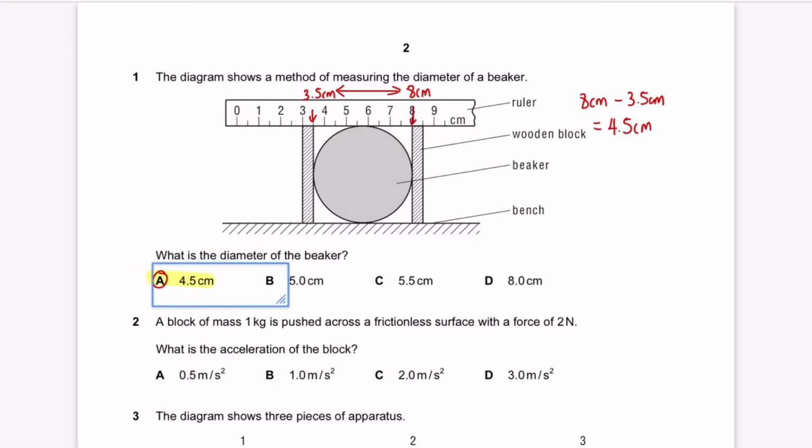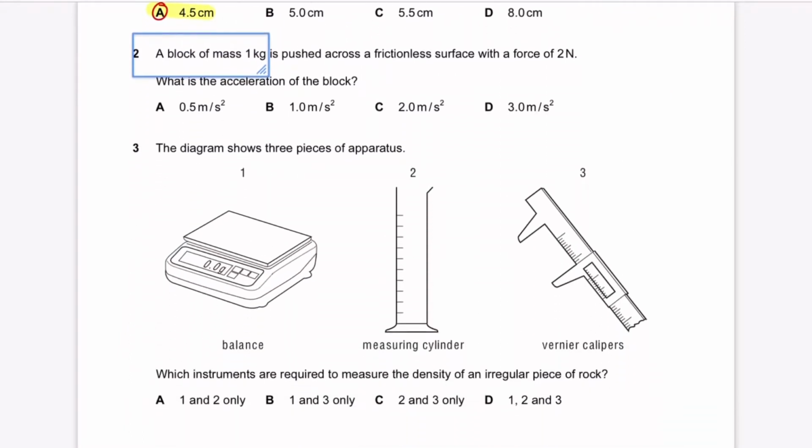Alright, next, moving on to question 2. A block of mass 1 kilogram is pushed across a frictionless surface with a force of 2 Newton. What is the acceleration of the block?